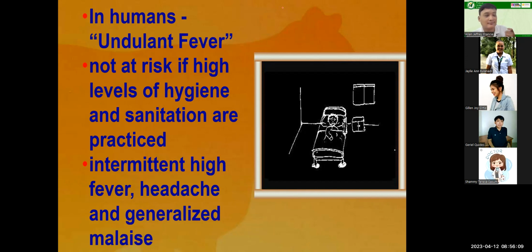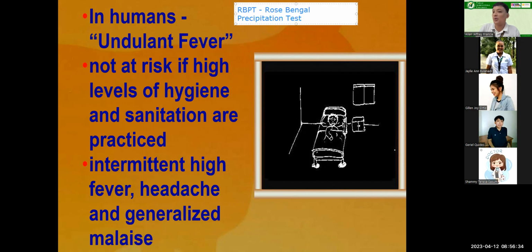Pinagdo-double gloving kami kahit blood collection lang kasi ito yung pang screen namin, RBTT. We have the Rose Bengal precipitation test, no? Dugo ang kailangan namin diyan, serum. Titingnan namin kung may clotting. So kapag natamaan ang tao, there will be malaise or generalized weakness at saka fever, as well as headache. Yan siya. Okay.